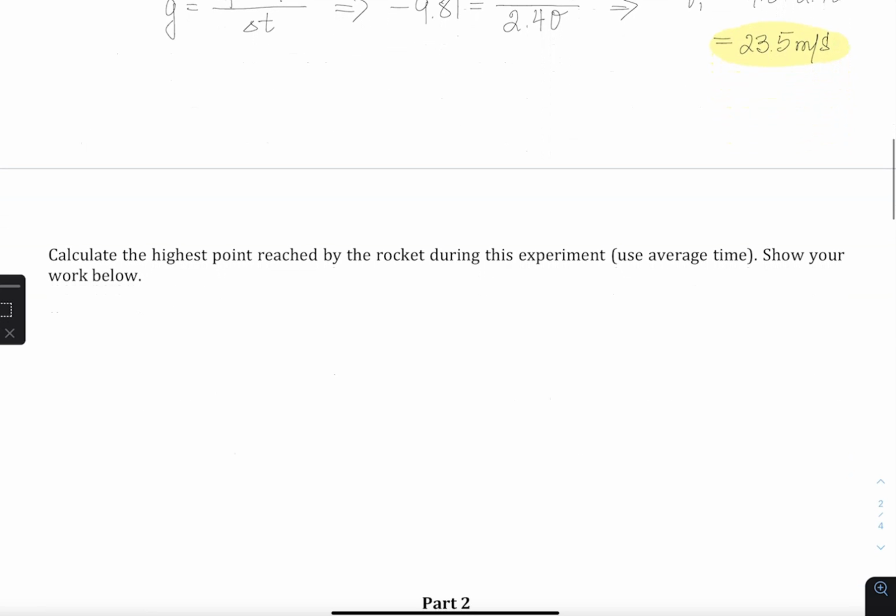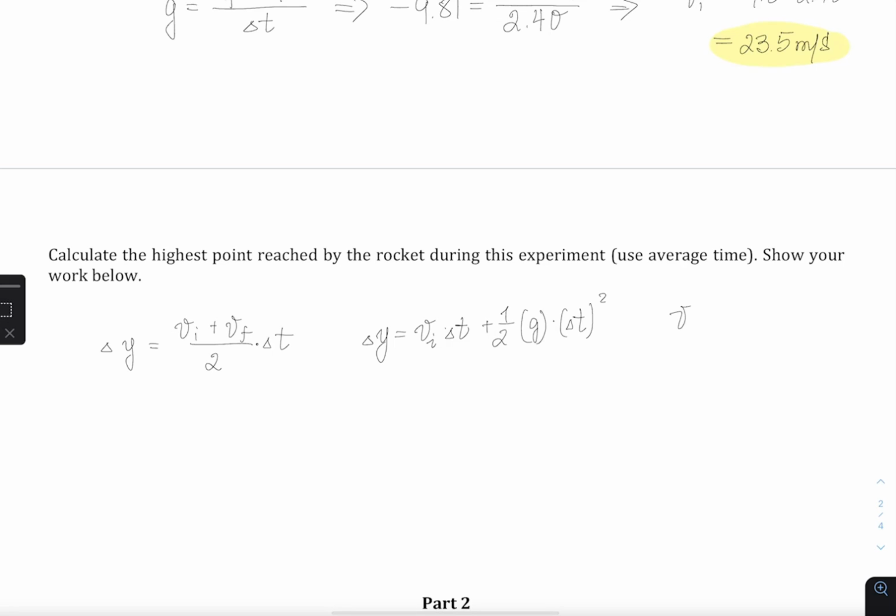Anyway, calculate the highest point. So for the highest point, I gave you 3 options. I gave you delta y equals v initial plus v final over 2 times change in t. Then you had an option of change in y, a slightly longer version, v initial change in t plus 1/2 g change in t squared.